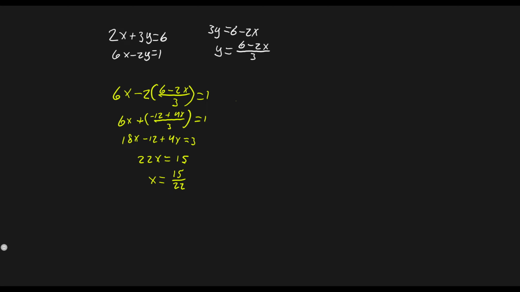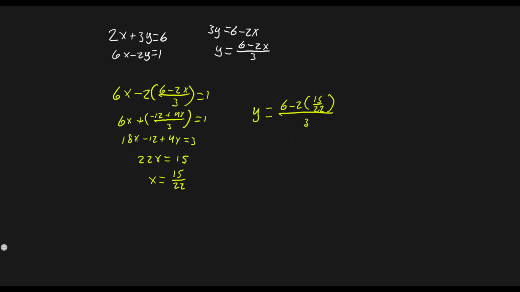Now plugging in our x value into our expression for y, we can go ahead and find what y is. So we get y is equal to (6 minus 2 times 15 over 22) divided by 3.